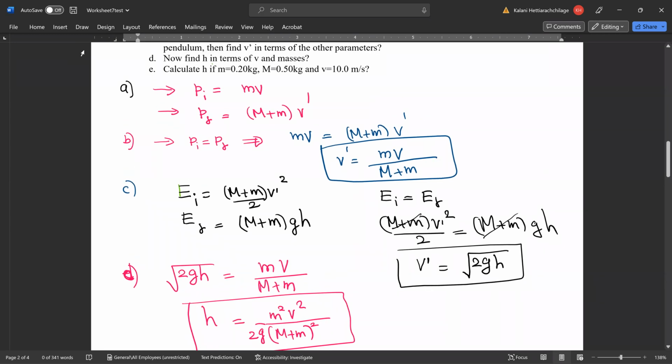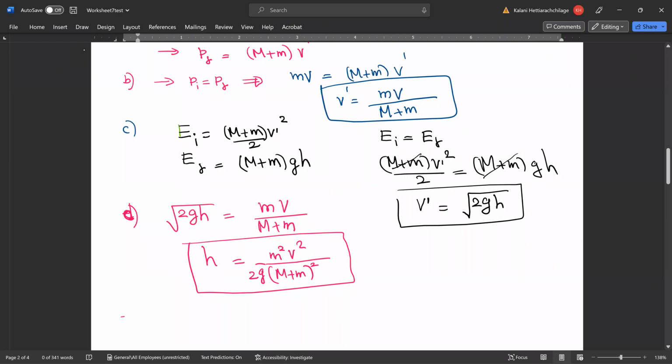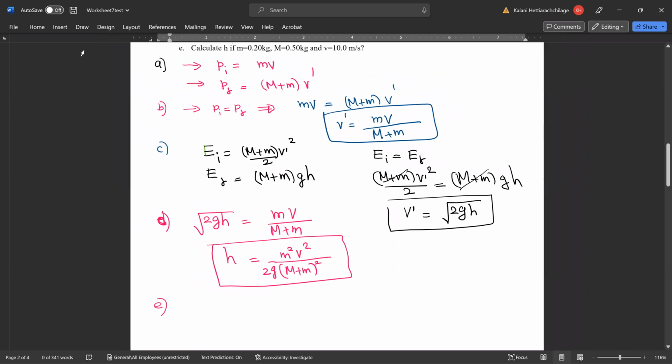Okay, so now E is the time that we're going to plug in the values. You do not plug in any values unless I ask you to do so, because some of the constants will be cancelled out, and I can see the process very easily without seeing the numbers, right? Because when you write each number in those expressions, it's very hard to identify what you are doing.